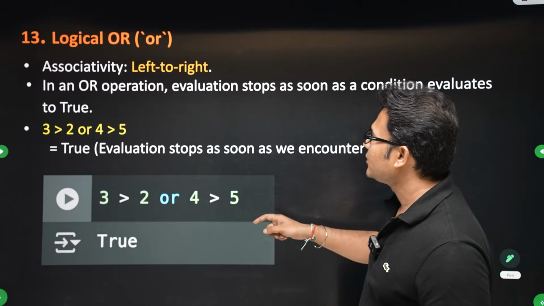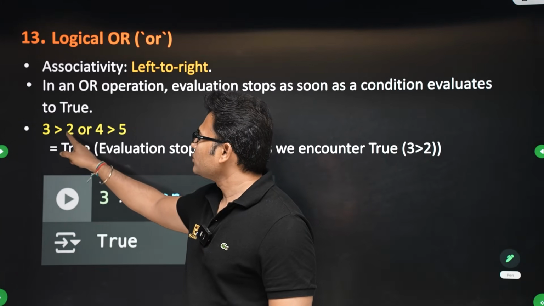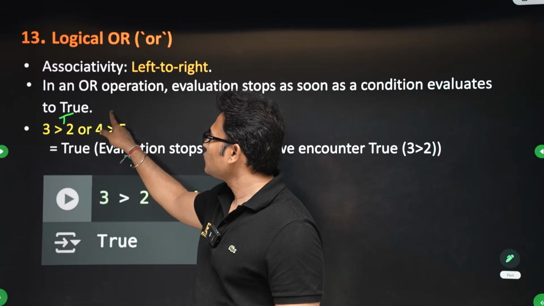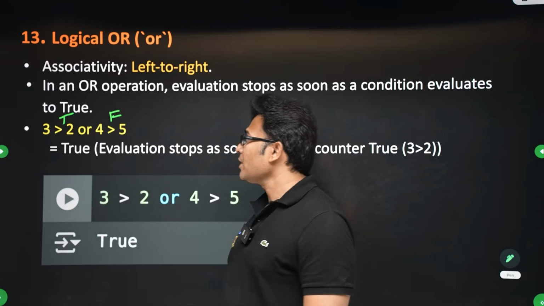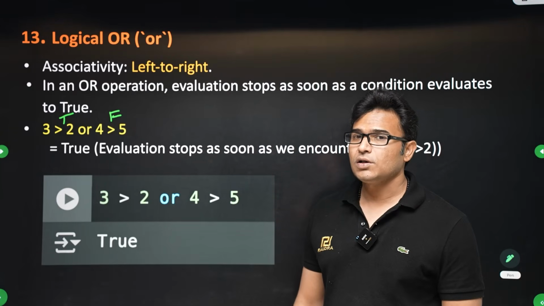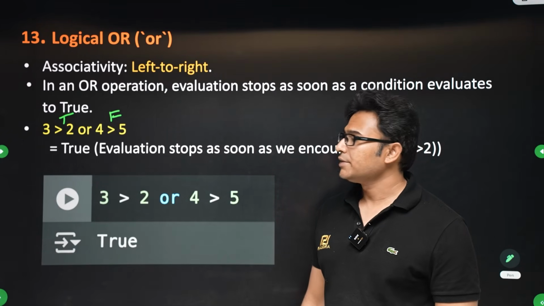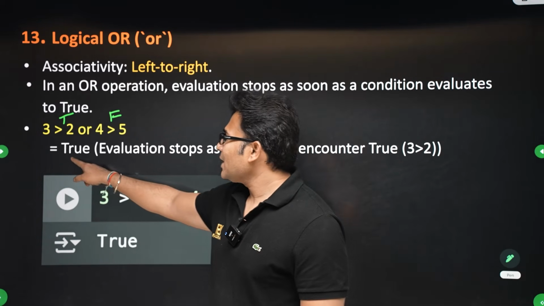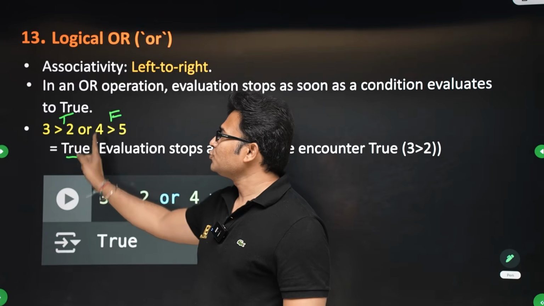So let us say here 3 is greater than 2. Yes, this is true. 4 is greater than 5 is false, right? Now the ultimate answer will be true because one of them is true.